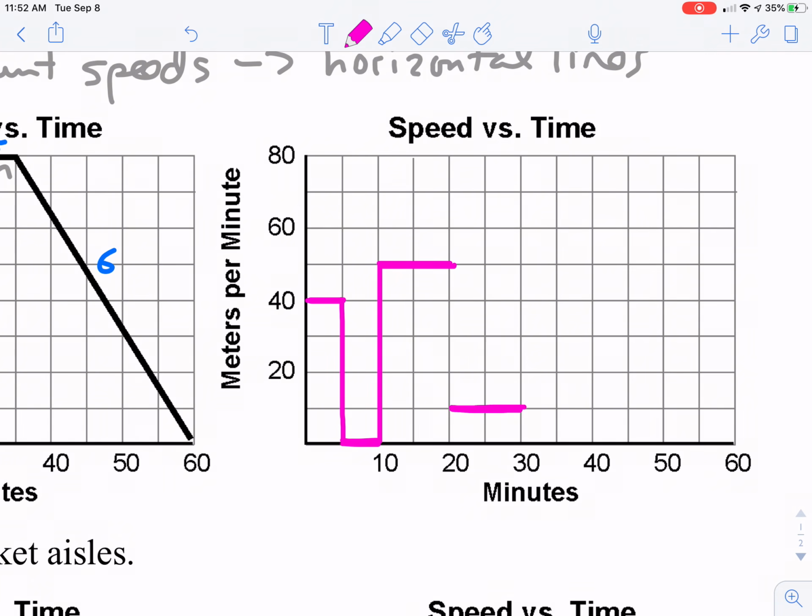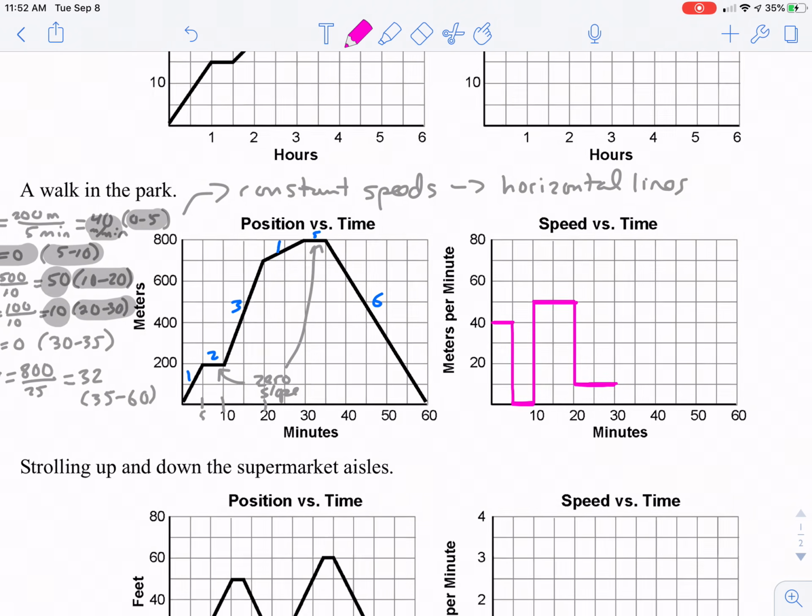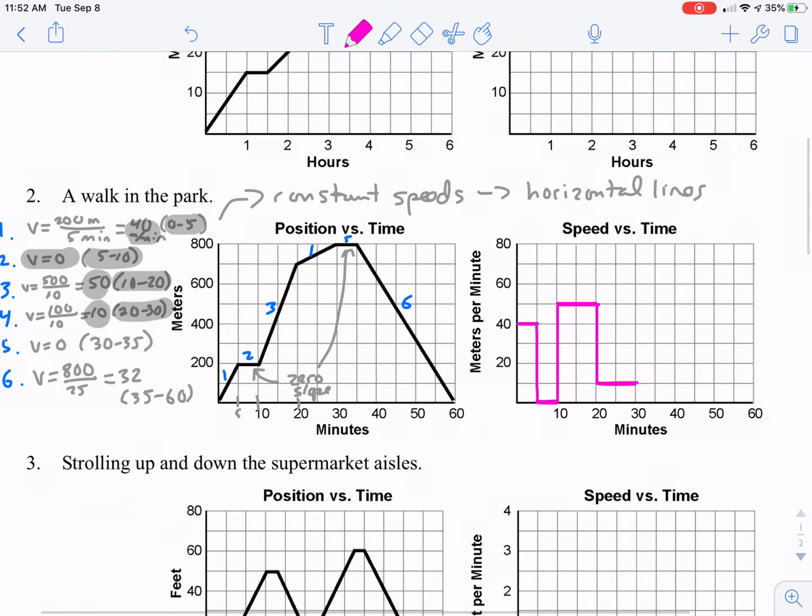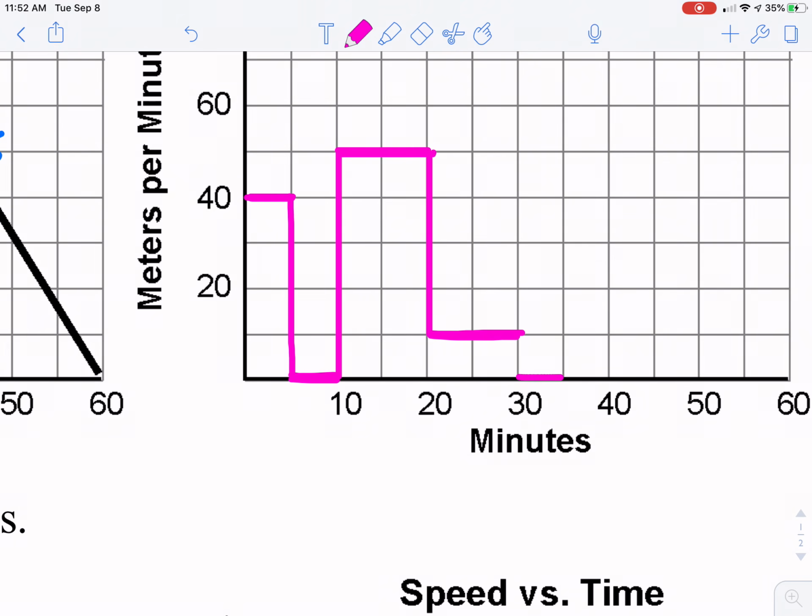So we're down here at 10 meters per minute for 10 minutes. That would be the 10-minute time interval of 20 minutes to 30 minutes. Then we're back down at 0 from 30 to 35 minutes, which should be right here.